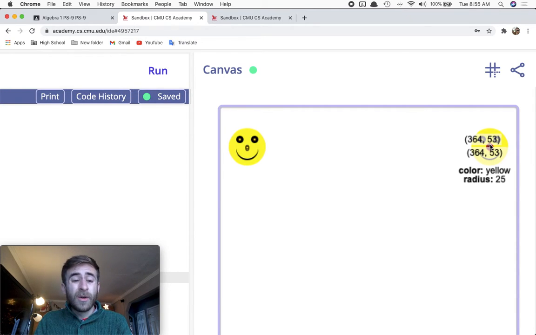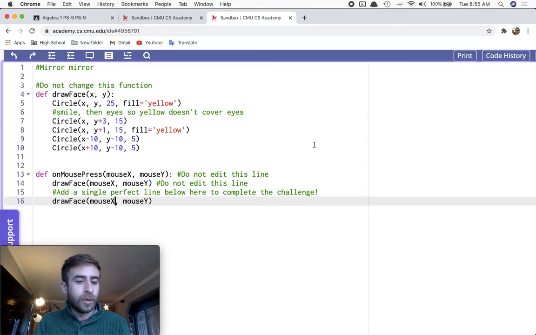The important part to note is that the Y values are unchanged. So when I'm trying to get my second draw face, I feel like I should be keeping the Y the exact same. The Y is not changing, but for the X, I should change it.